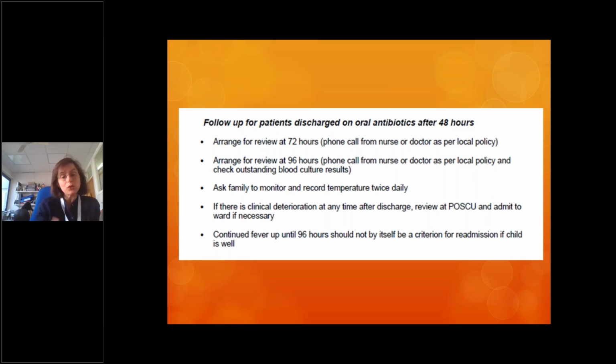You do need to verify that it's all going well and the child continues to be well in himself, so eating and drinking, no pain. So all the criteria that he had met at 48 hours to be considered low risk, he needs to continue meeting them to continue staying at home, and the device needs to be reviewed.